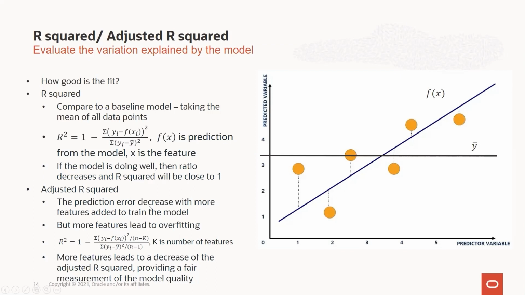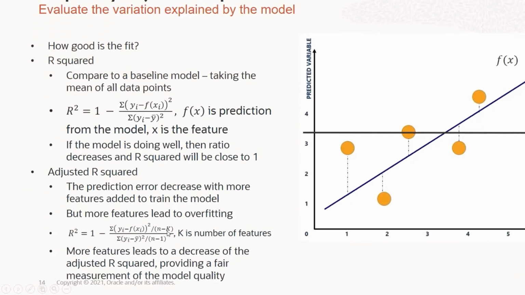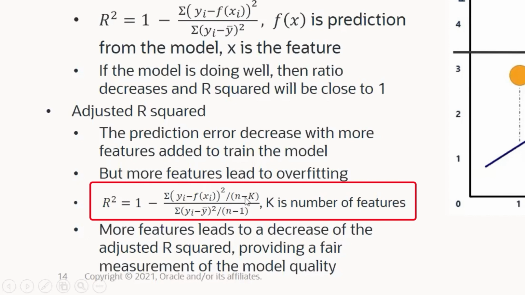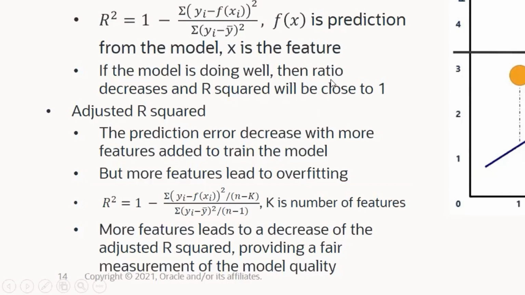So in order to also capture that kind of effect, people came up with the adjusted R squared, which wants to punish the number of features being used. So here we insert this term. You can imagine that as the number of features goes up, it will punish this value.